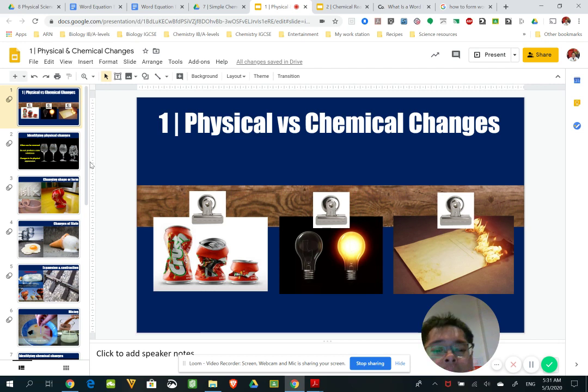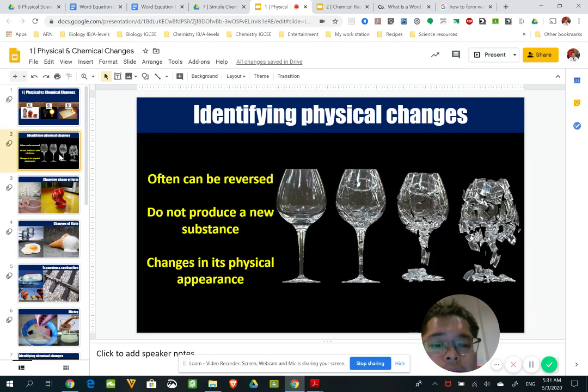So we know that all chemical reactions that you see in life will have two different types of changes. One is a physical change and the other is a chemical change. So how do we identify physical changes? If we look at this glass here being shattered, you will notice that the glass is still the same substance.